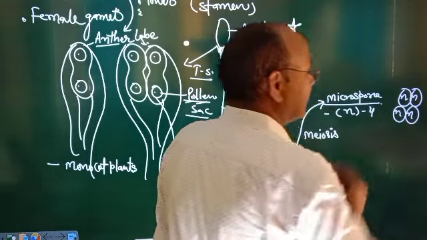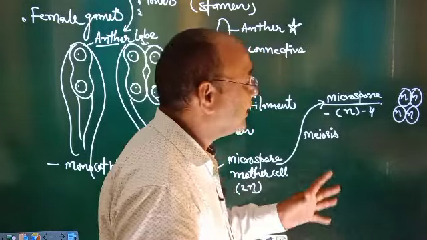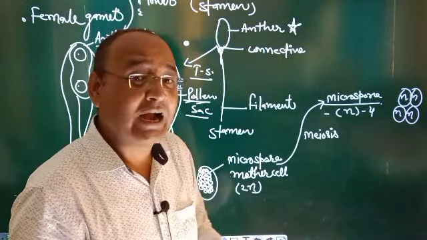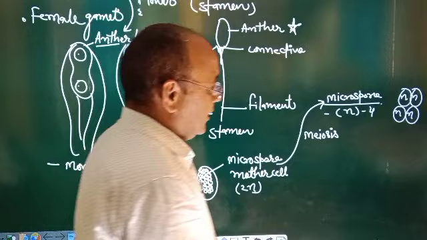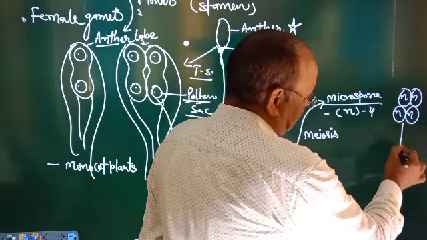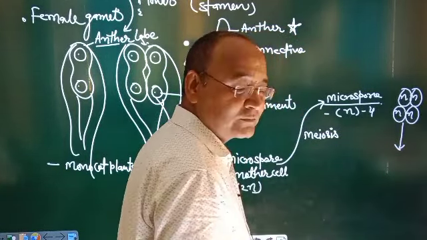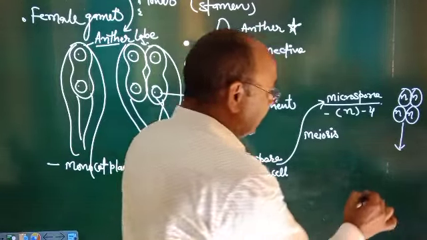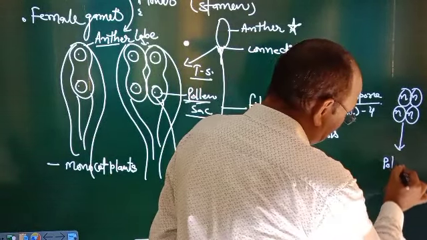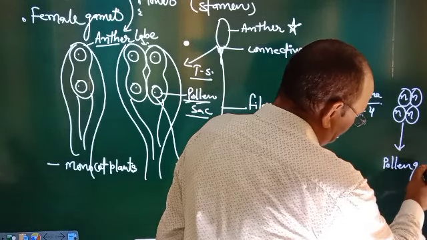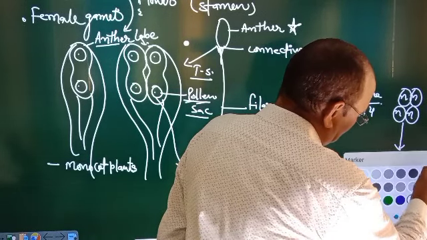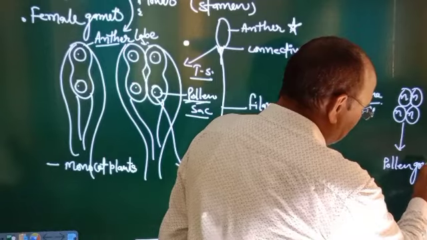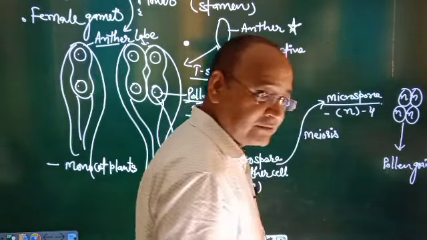In various plants, they attach in different ways. After some time, these microspores detach from each other and convert into pollen grain.